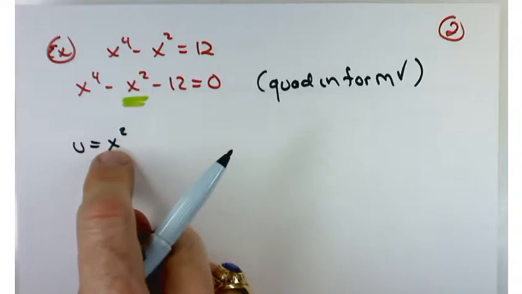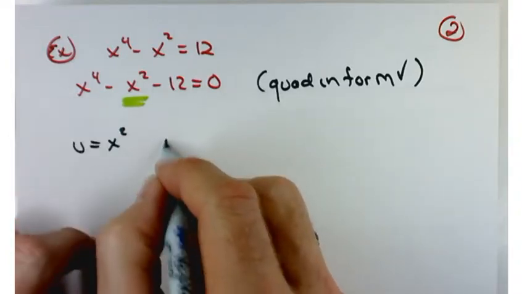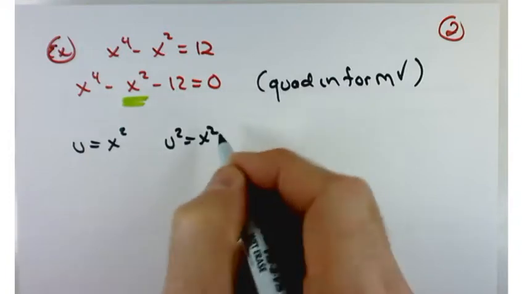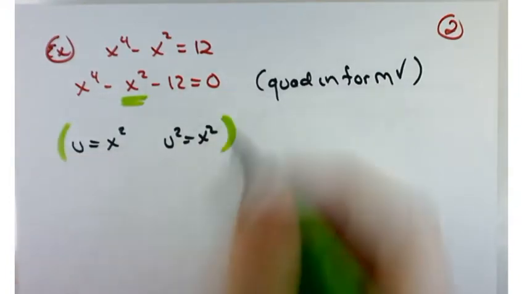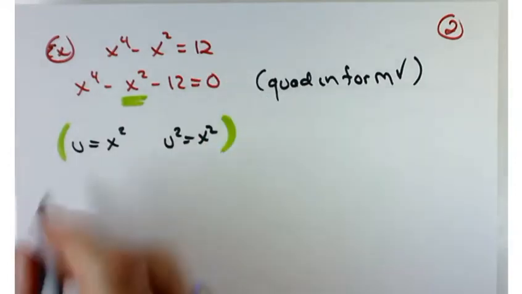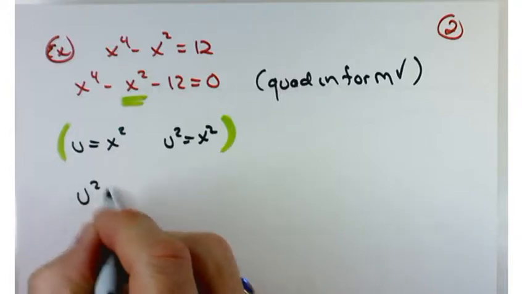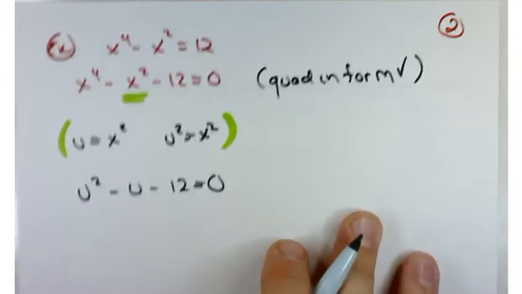Those two are equivalent. Because this is quadratic in form, this term is going to be u squared. And with this substitution, I can rewrite that equation to something that I'll be a little bit more comfortable with. It's going to look like this. U squared minus u minus 12 equals 0.